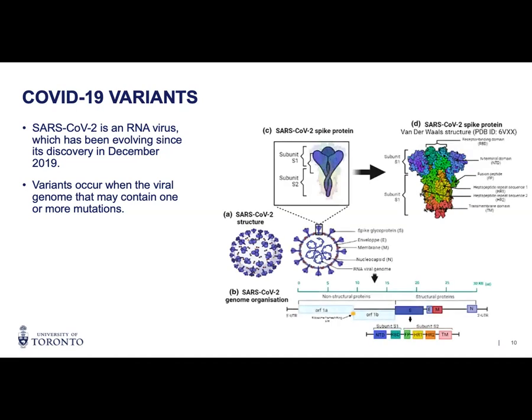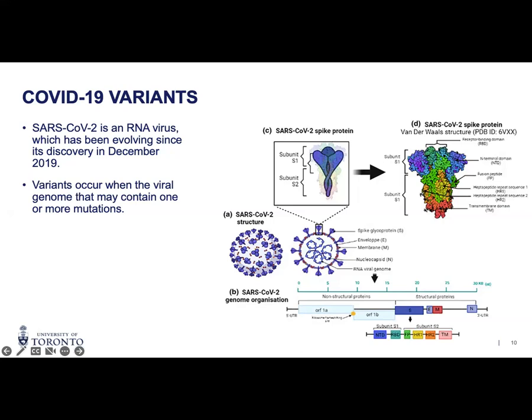So here is a schematic representation of the SARS-CoV-2 structure showing the exterior envelope, the membrane spike glycoprotein shown here, and the nucleocapsid and the RNA viral genome. And here we have the schematic representation of the SARS-CoV-2 genome organization, which is about 30 kilobase pairs.